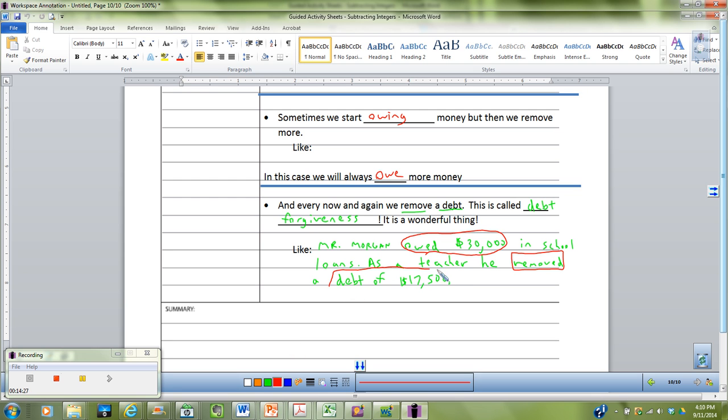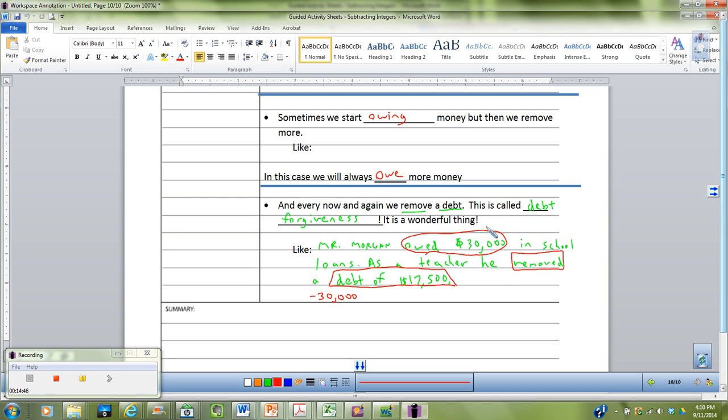And a debt also is a negative number, but because it's being removed, we're going to show how that actually becomes a positive thing for us. So let's translate this. Owed $30,000 is going to be negative 30,000. I'm going to work up here in the summary portion, so there's enough space on the back for you to be able to write your summary, so don't worry about it. You can just write your summary on the back. So I owe $30,000.